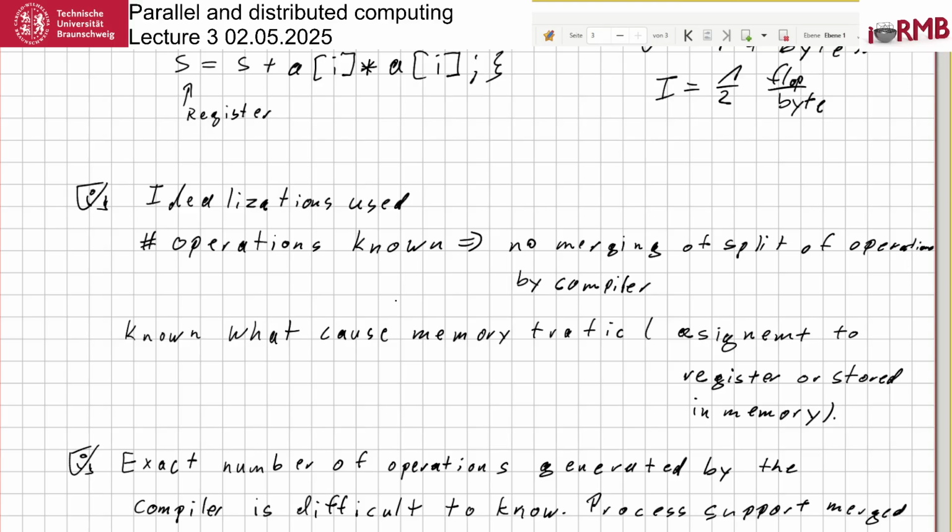Because it's so common, they immediately implemented this in hardware. So these are actually two operations, but they are merged into one, so they become one operation. And you don't know when it is doing this and when it is not. So, merging of multiplication and addition.